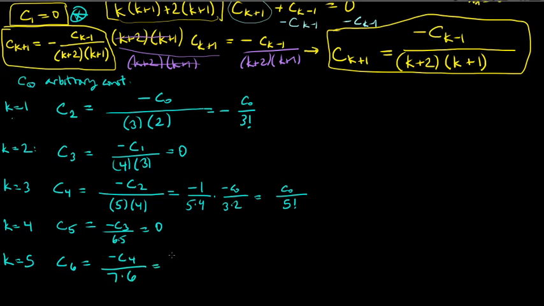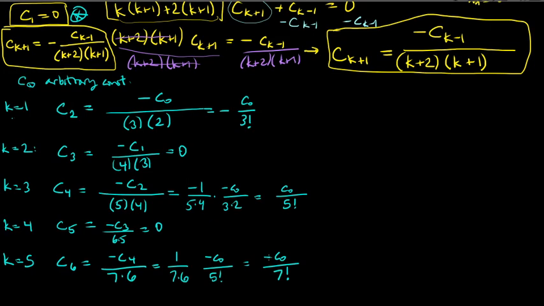So this is going to be 1 over 7 times 6 times negative C4. So that's going to be negative C0 divided by 5 factorial. So this will be negative C0 divided by 7 times 6 times 5 times 4 times 3 times 2 times 1, aka 7 factorial.